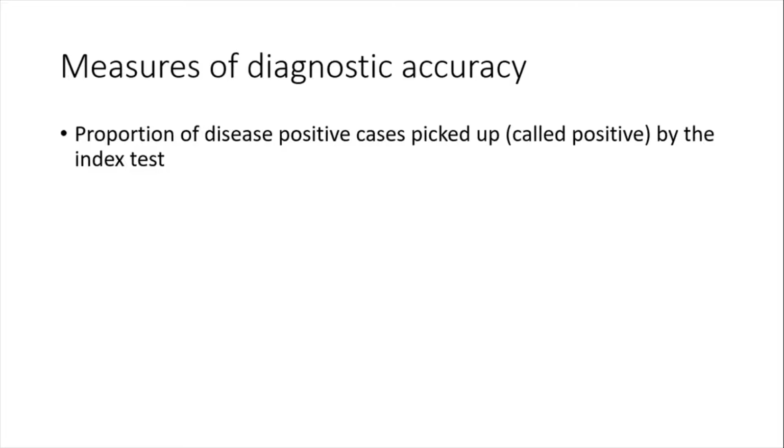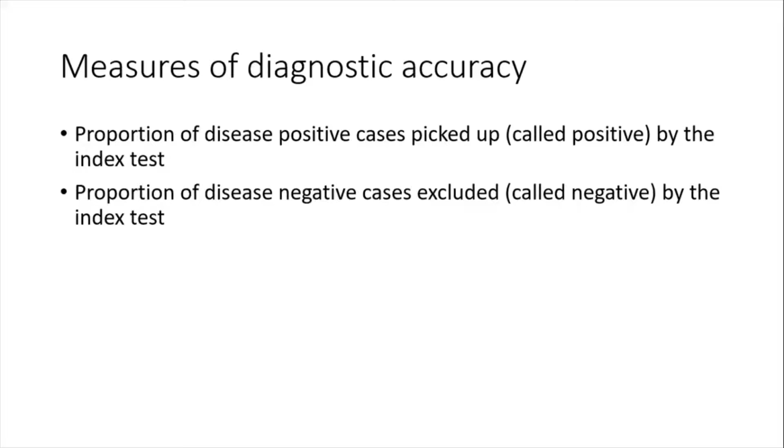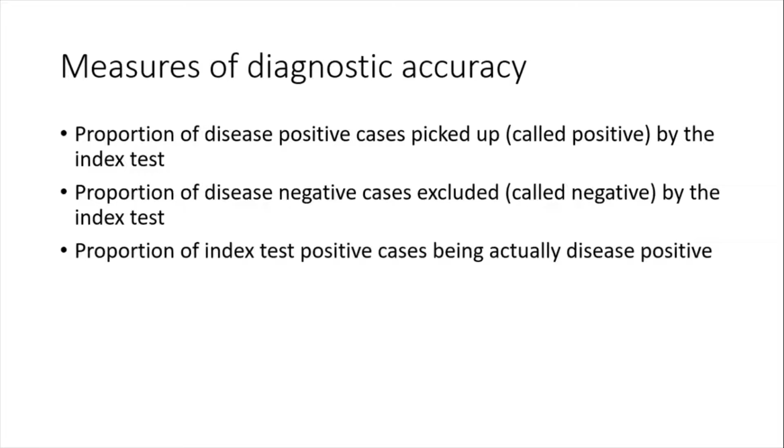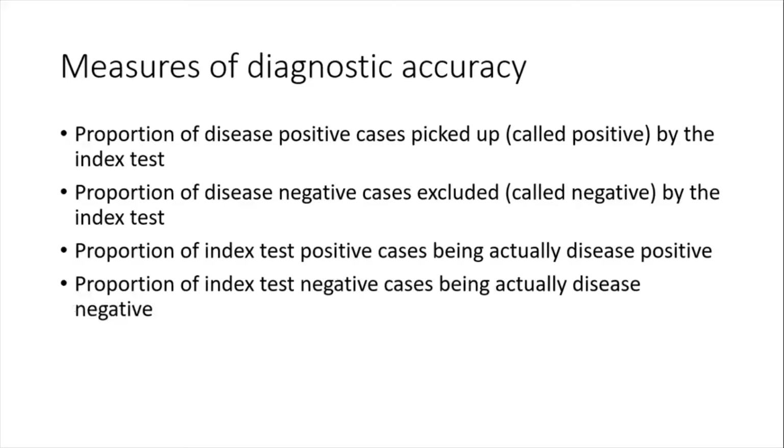One of the main measures is the proportion of actual disease positive cases picked up by the index test, or the proportion of disease negative cases excluded or called negative by the index test. Besides this, there are two more measures which are used: the proportion of index test positive cases being actually disease positive, and the proportion of index test negative cases being actually disease negative.